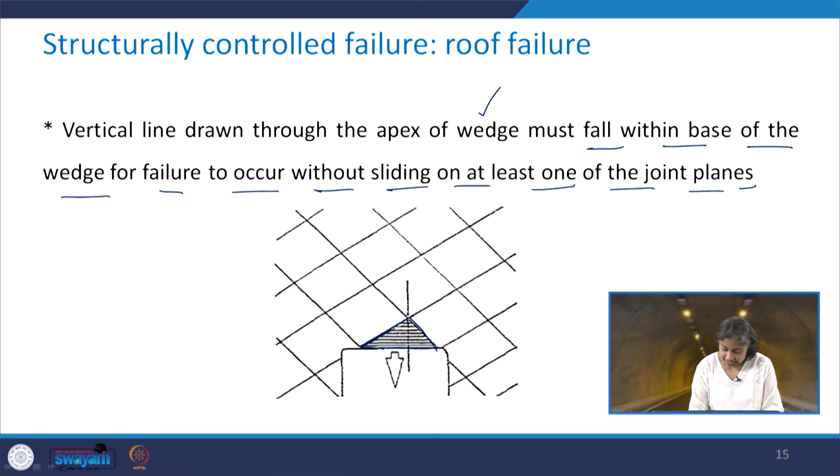Here there are 3 joint planes, so this wedge has the probability of falling into the excavation from the roof, but the question is whether the failure will occur without sliding on at least one of the joint planes. The condition for that is you draw a vertical line through the apex, and if it passes through the base of the wedge, then this condition will be satisfied.